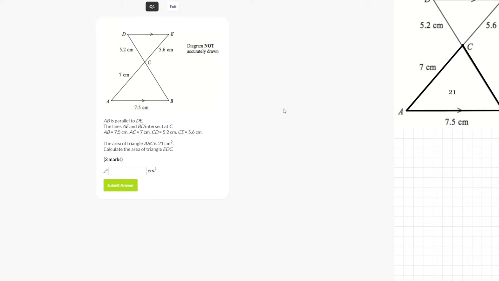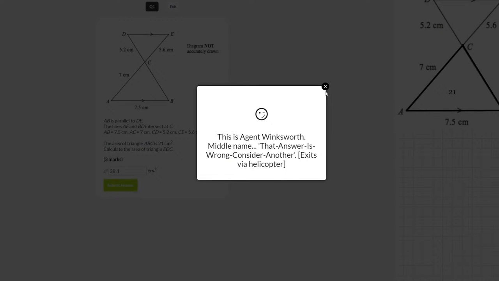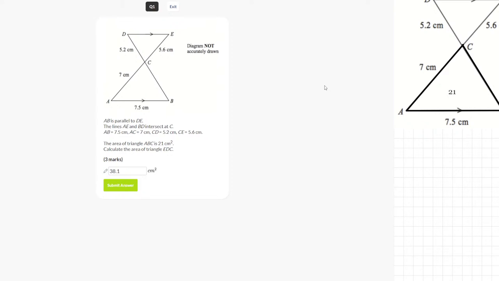So we should be able to do that one then. The angle there's 28 degrees. The angle there's 62. The remaining one is 80.